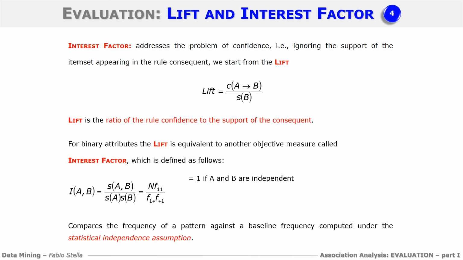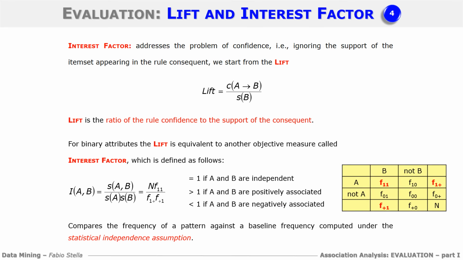In particular, we have that the interest factor of A and B is equal to 1 if A and B are independent, while it is greater than 1 if A and B are positively associated, and it is smaller than 1 if A and B are negatively associated.